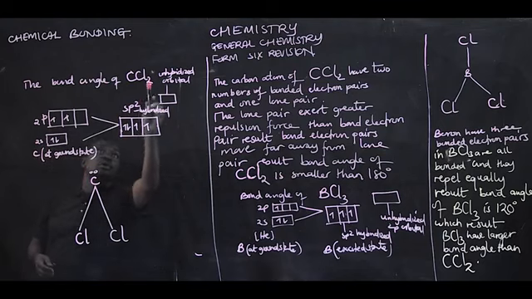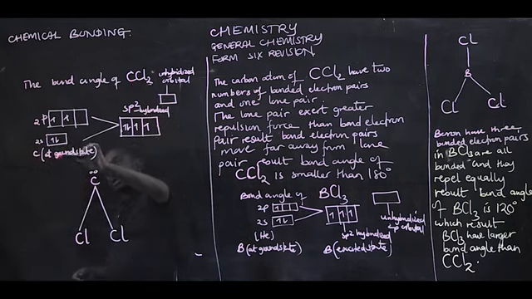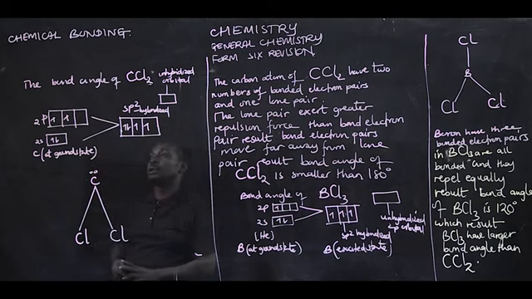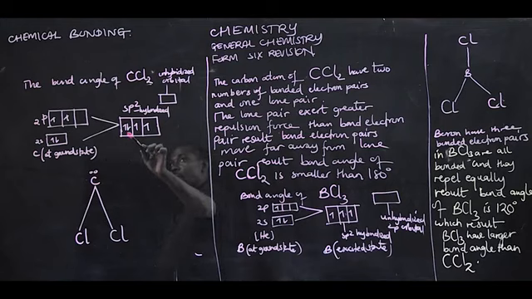For carbon combined with 2 atoms of chlorine, the central atom is carbon, and carbon at ground state has an outermost shell which has 2 electrons paired in the 2s orbital and 2 unpaired electrons in the 2p orbital. At excited state, it is sp hybridized.